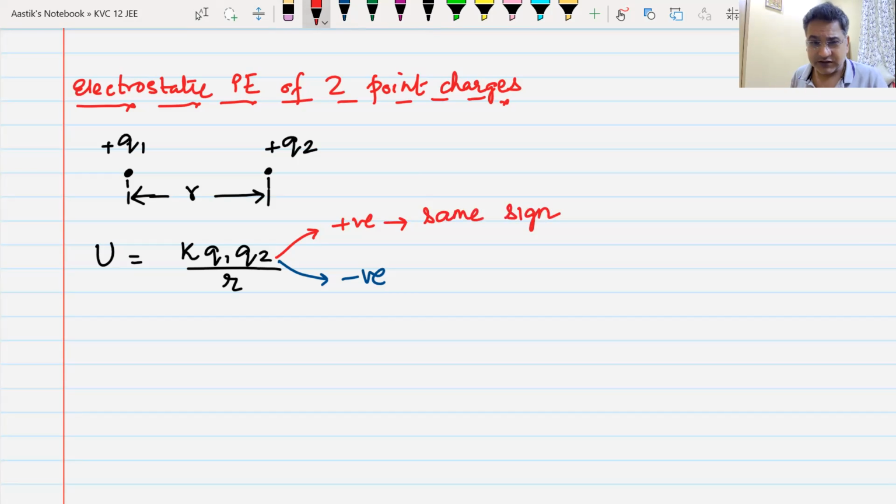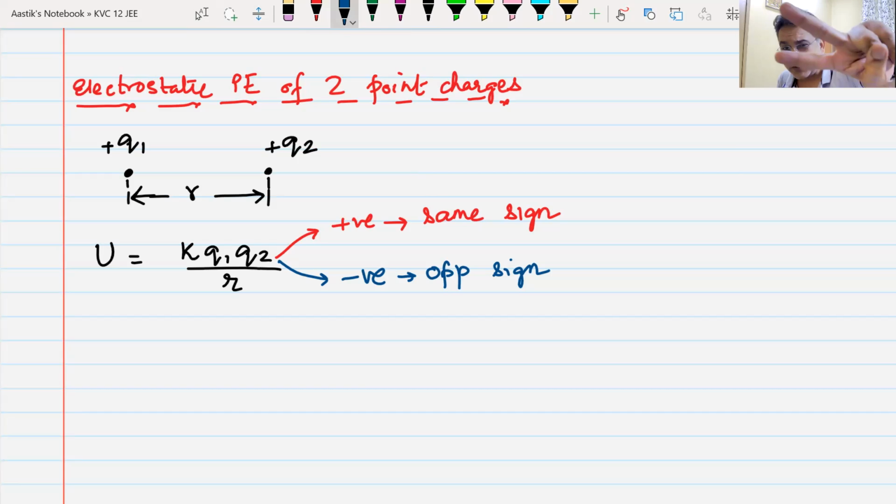Negative into negative is positive. Positive into positive is positive. If they are of opposite sign, this energy is negative. That's it. That is electrostatic potential energy of a system of 2-point charges. You need at least two point charges to have this energy.